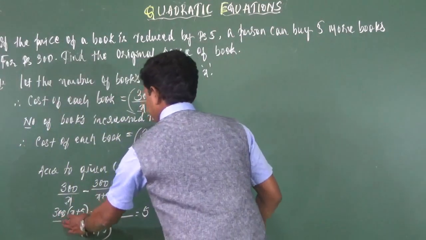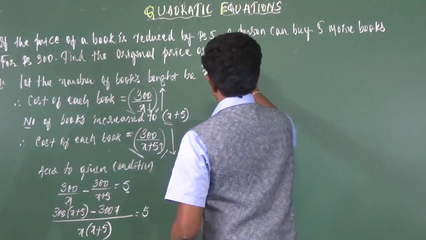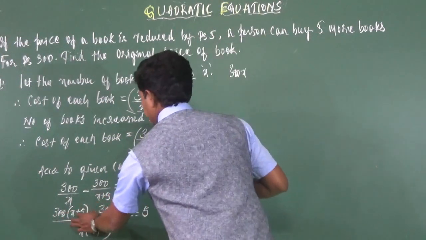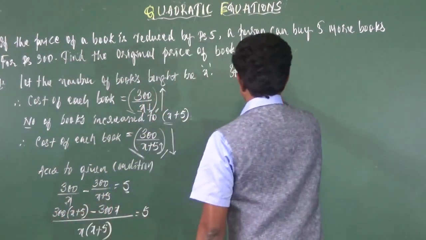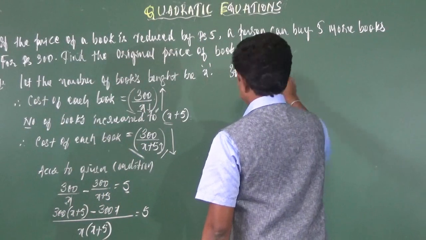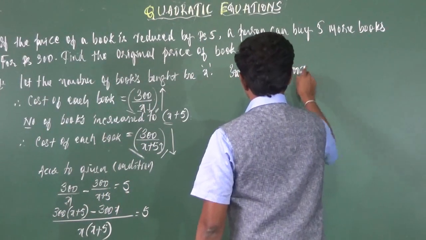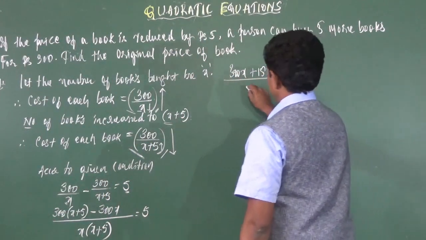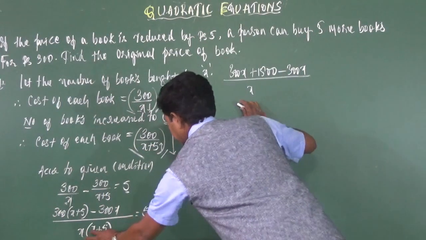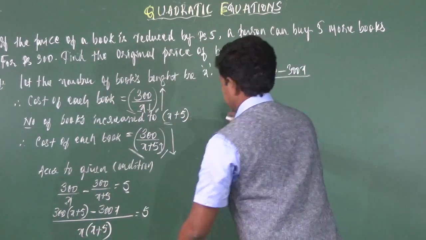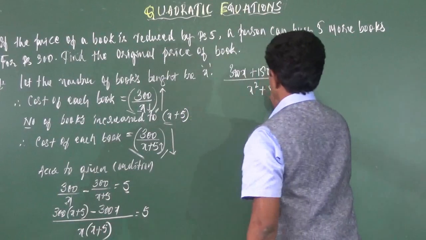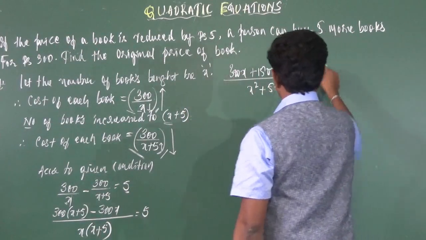So 300 into x is 300x, 300 into plus 5, 3 5s are 15, that is 1500, minus 300x, by x into x, that is x square plus x into 5 is 5x, is equal to 5.